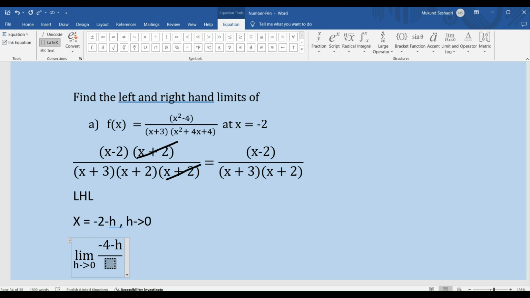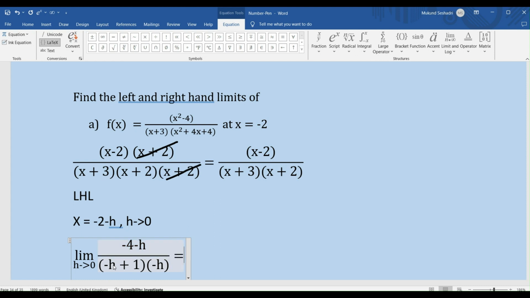And when I do that, the first part of my denominator becomes minus h plus 1, because minus 2 plus 3 becomes plus 1. The other part of the denominator, which is minus 2 minus h plus 2, remains as minus h, right?